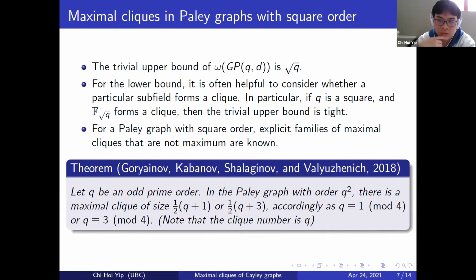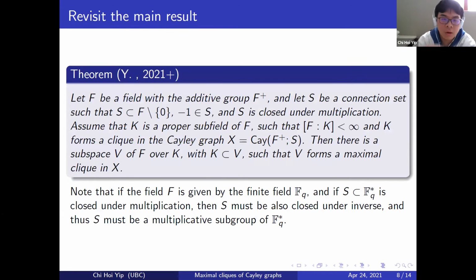And we would like to explore something similar for generalized Cayley graphs, because this is just for the standard Cayley graph. To do so, we need to revisit our main result and see whether it can be applied. So this is our main result.